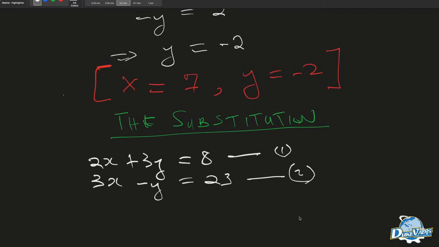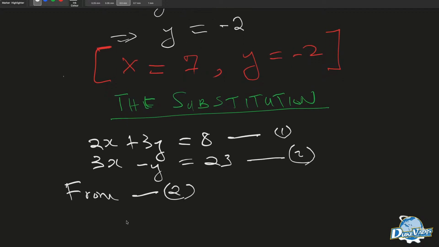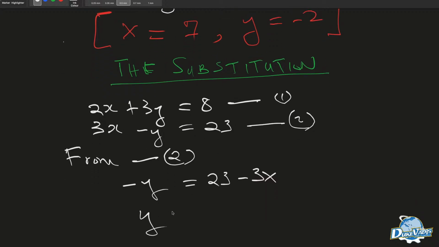So from equation 2, I can say minus y is equal to 23 minus 3x, making y the subject. My equation will become y equals 3x minus 23.